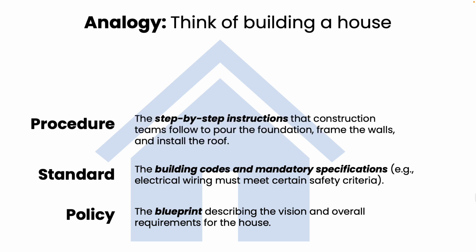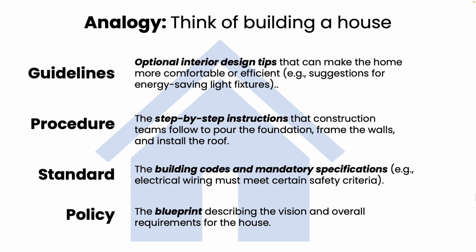Then the procedure. These would be the step-by-step instructions that construction teams follow to pour the foundation, for example, frame the walls, install the roof, do the plumbing. Then the guidelines are the optional interior design tips that can make the home more comfortable or efficient. Suggestions for energy-saving light fixtures, for example.